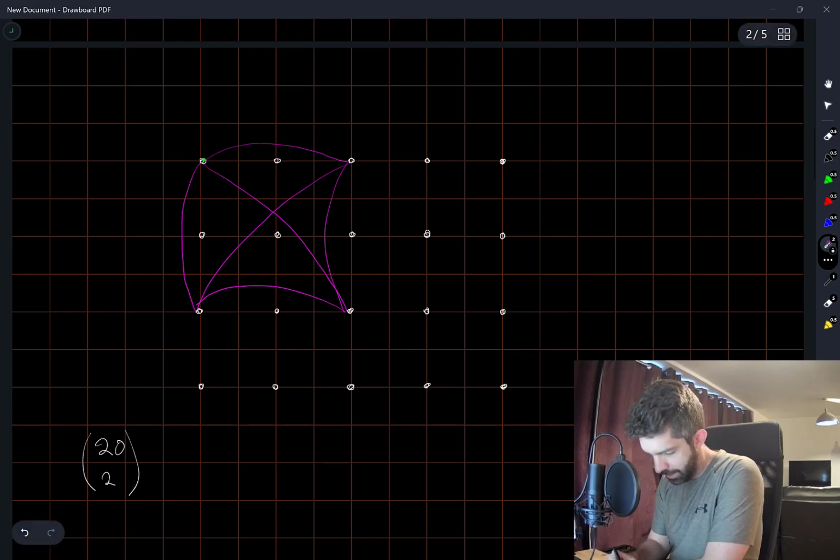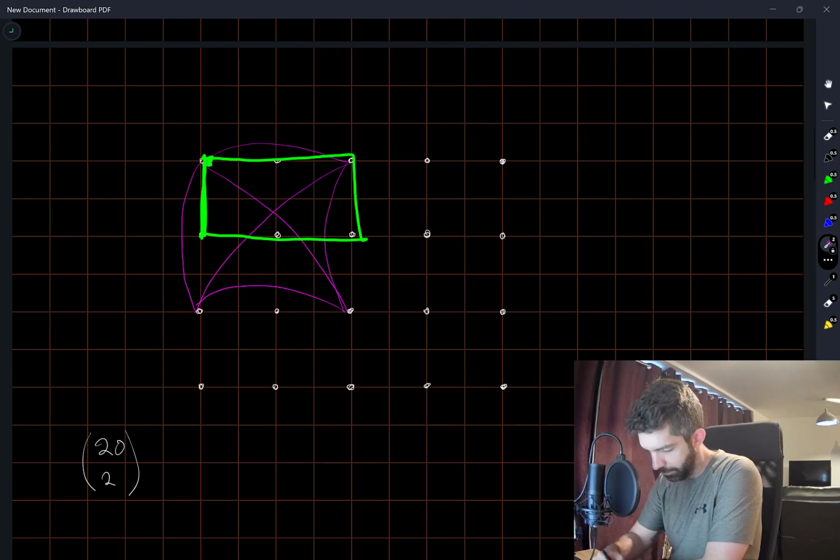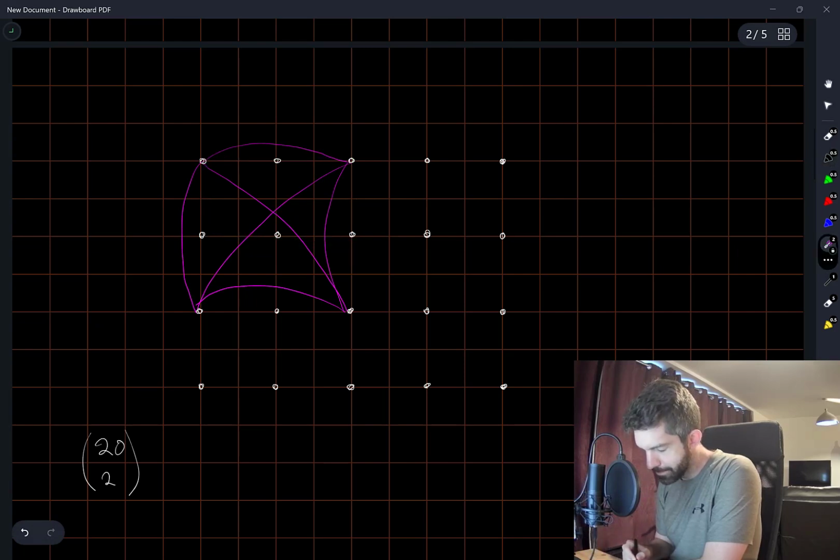Well, any of these points could be the top left point of a figure like that. So, what am I trying to say here?